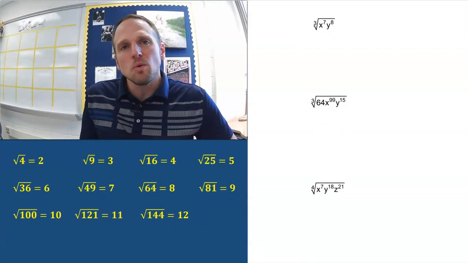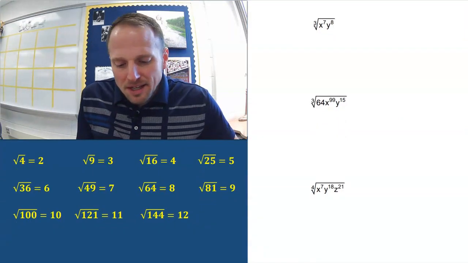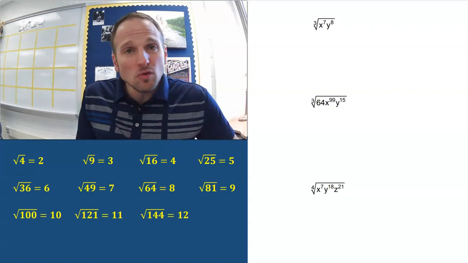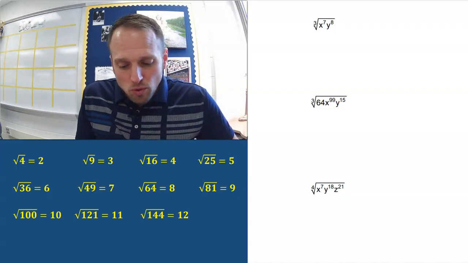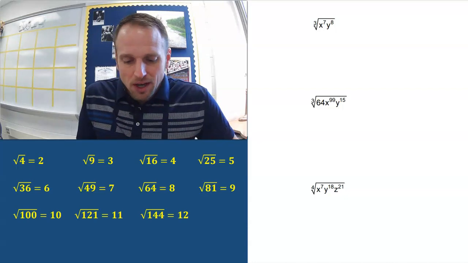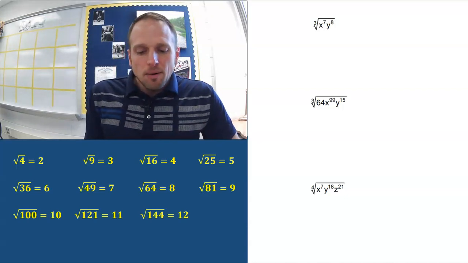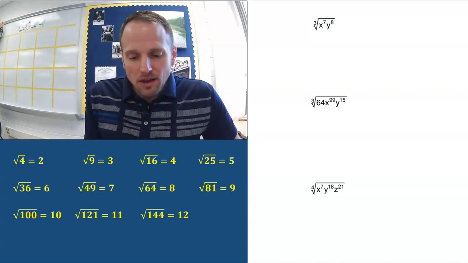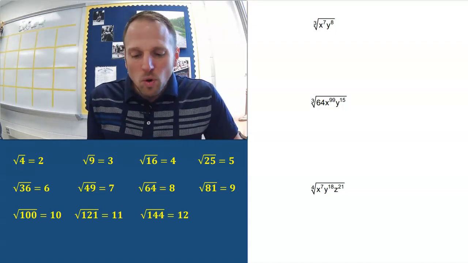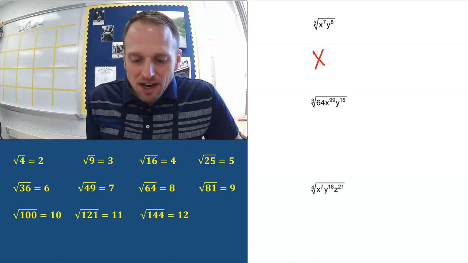It's going to be exactly like what we did before, except this time on this page we don't have square roots, we have cube roots or fourth roots. So this first one, there's no number in there for us to take the 3rd root of, but the exponent. So we're going to have to divide. So what is 7 divided by 3?